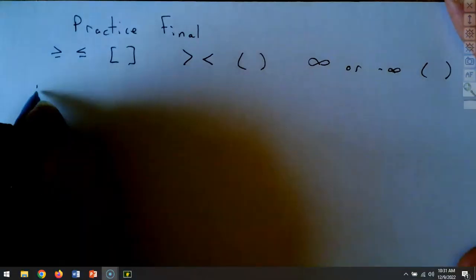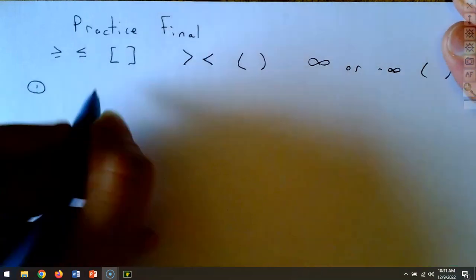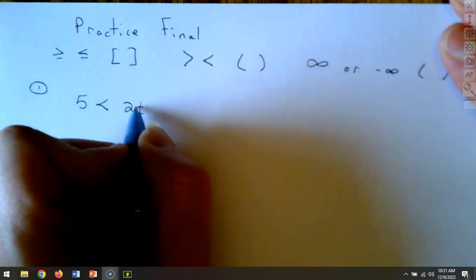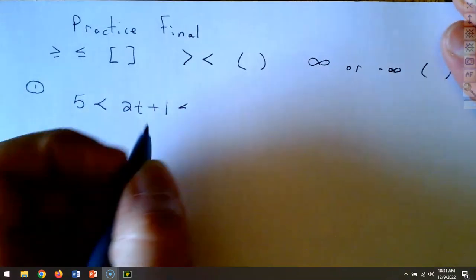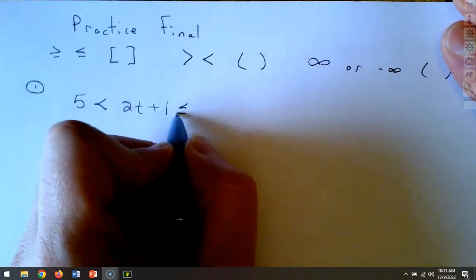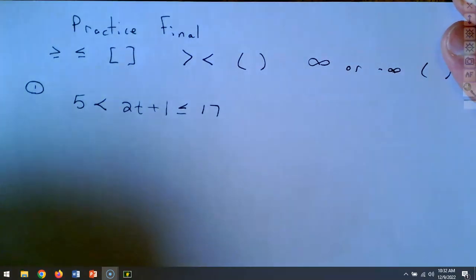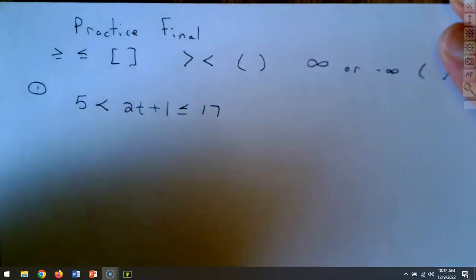So our first question is 5 is in between 2t plus 1 is less than or equal to 17. So we're going to go ahead and work this out, and we're going to graph it, and then write our solution set in interval notation.